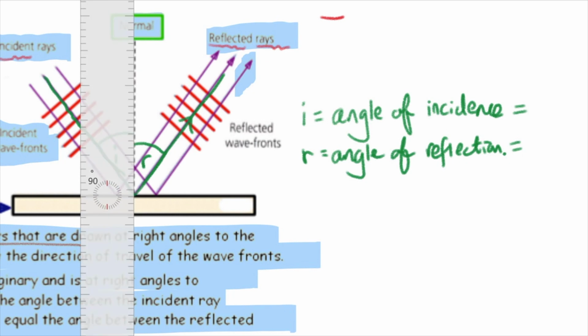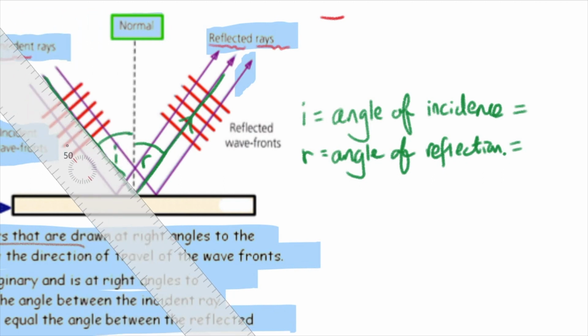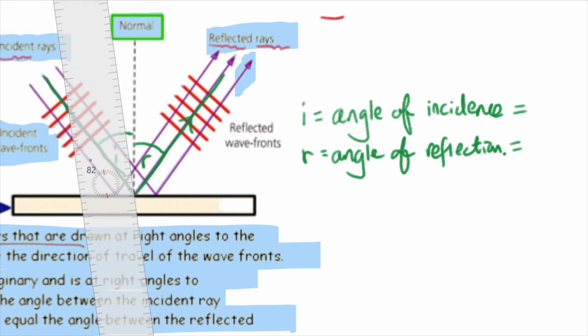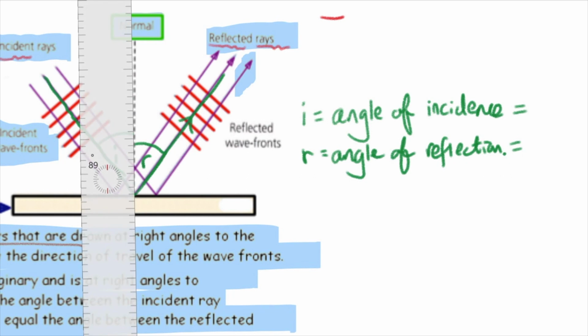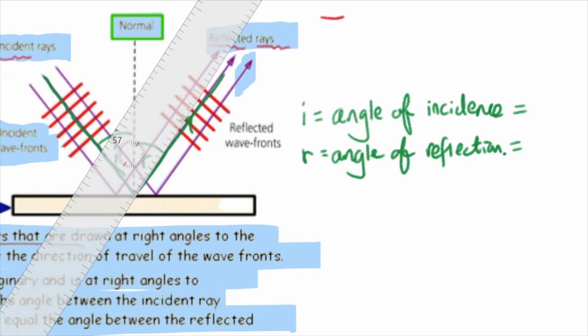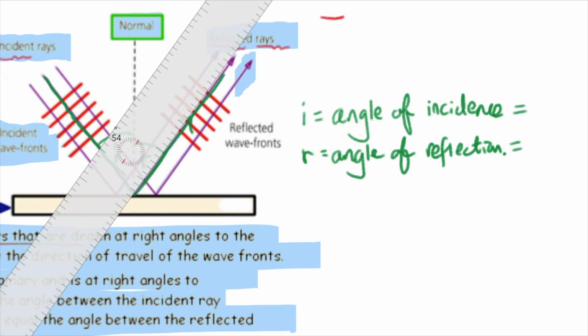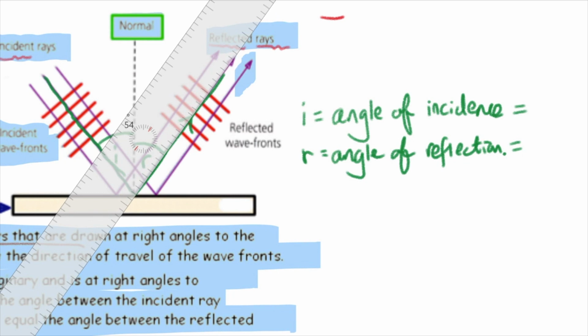If that normal there is at 90, I can't get a reference there, 0, so I have to do 90 take away 51. 90 take away 51 is 39, and I should be getting, if I move it the other way, start at 90 and move it around this way, then I should be getting 51 again.